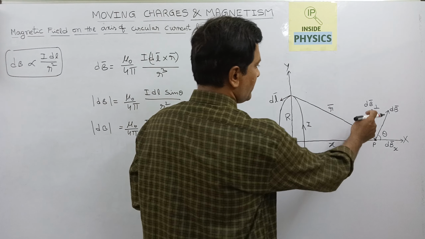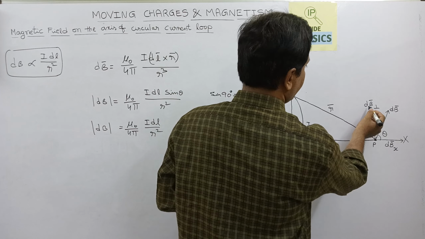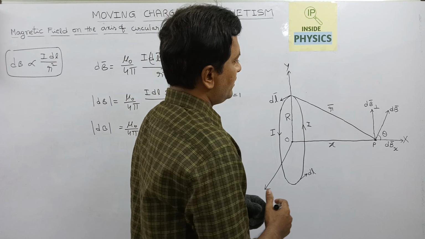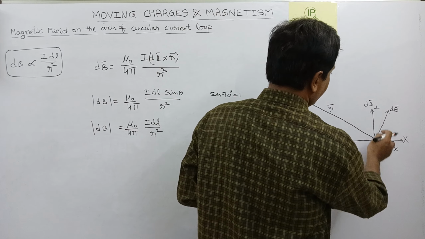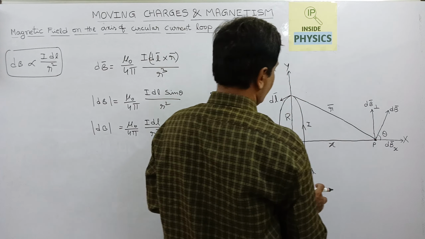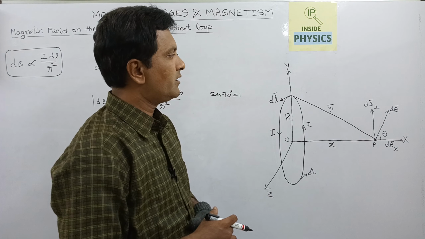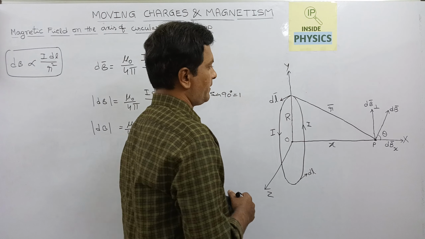Here the perpendicular component, dB bar perpendicular, is always directed opposite to the perpendicular magnetic field of the opposite current element.